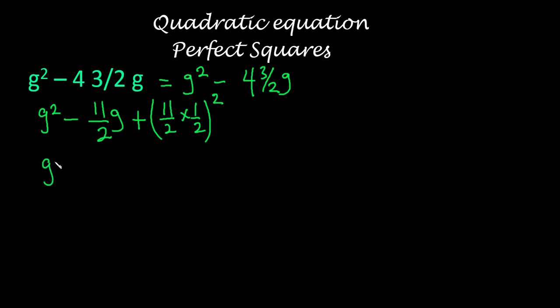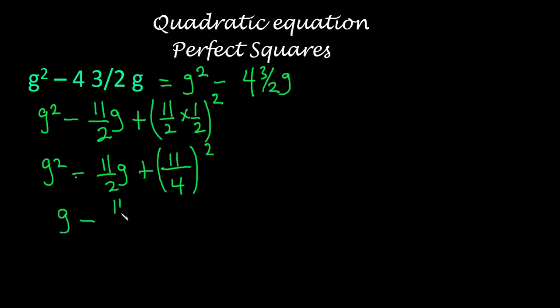So you have g squared minus 11 over 2g plus 11 times 1 is 11, 2 times 2 is 4, everything bracket squared. So how do you get the square root? You just pick g, you pick this minus, and you pick this 11 over 4. Then you square everything.